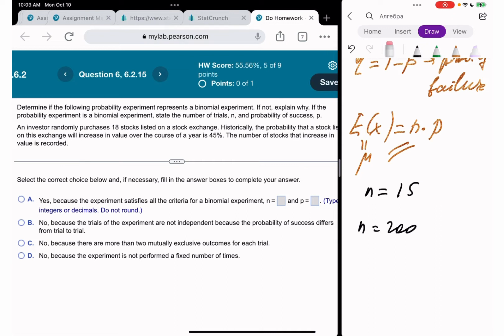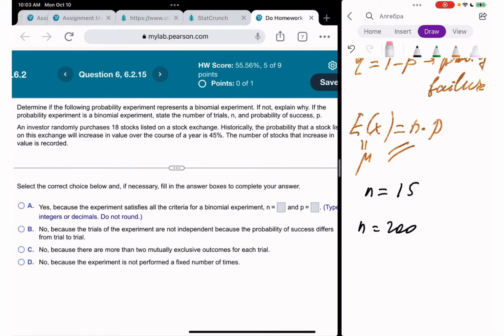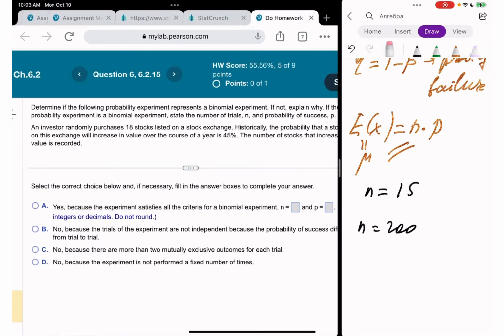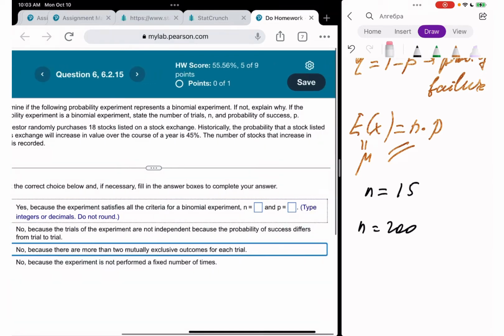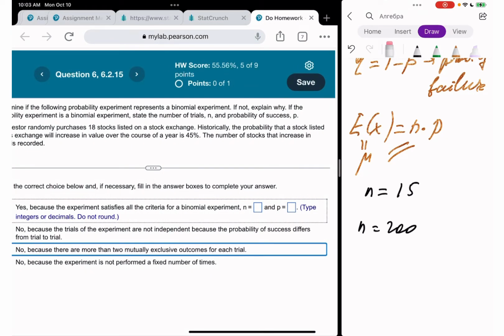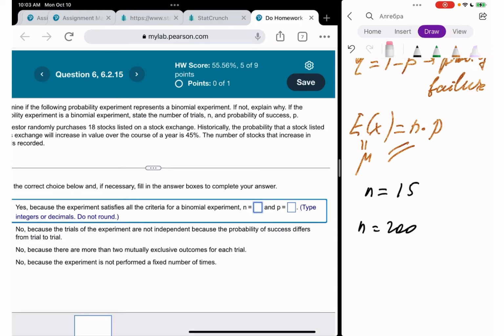We have a fixed number of trials, right? So the answer is yes, and n is going to be 18, and the probability of success is going to be 0.46.